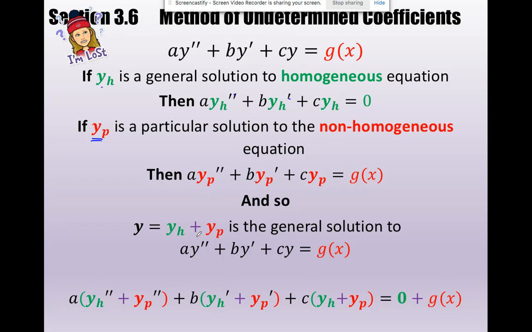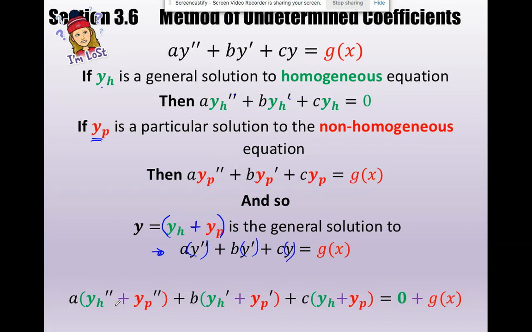So by the principle of superposition, I love that one, the combination of those two is the general solution to the full non-homogeneous second-order differential equation. So what I've done is, if I'm claiming that this is a solution to the non-homogeneous differential equation, then in place of y, I'm going to substitute those in.